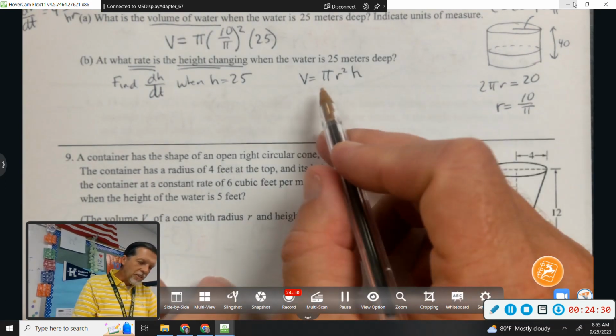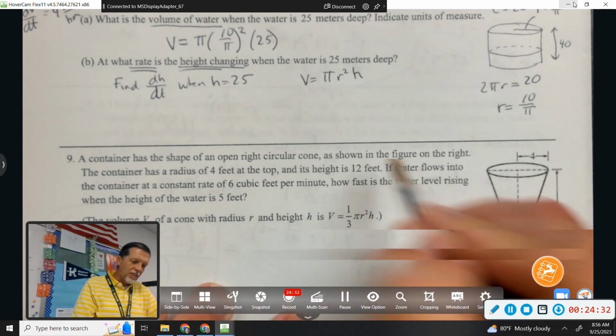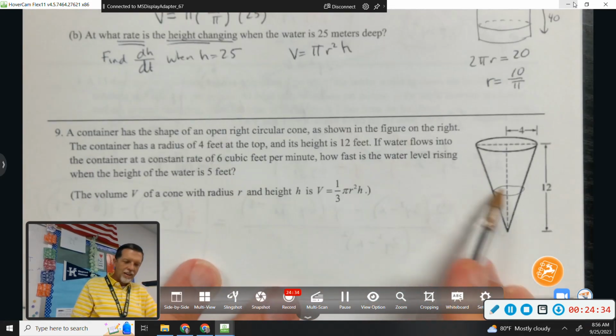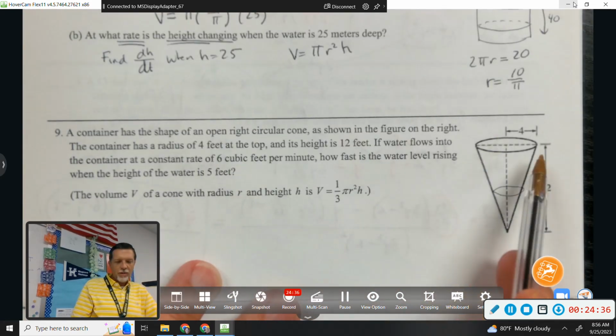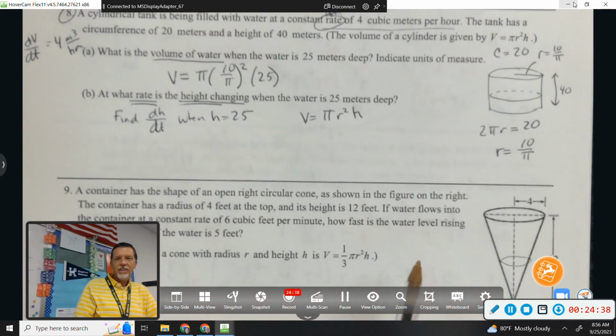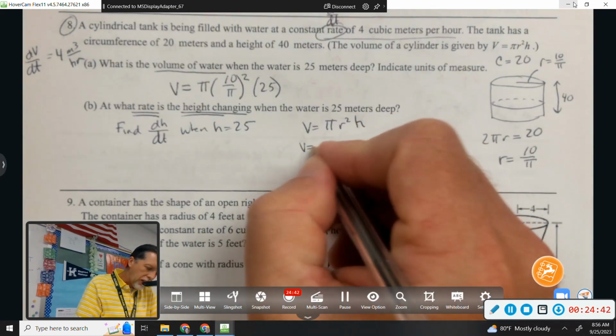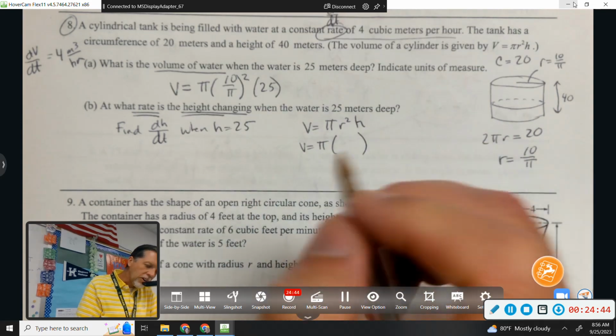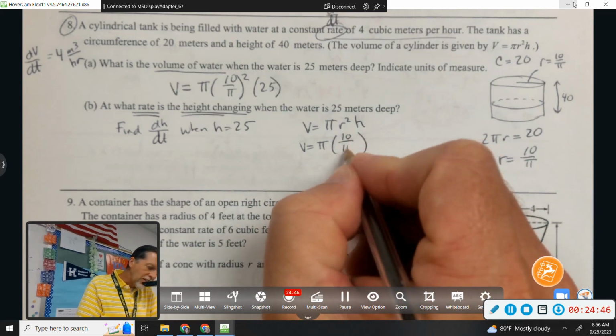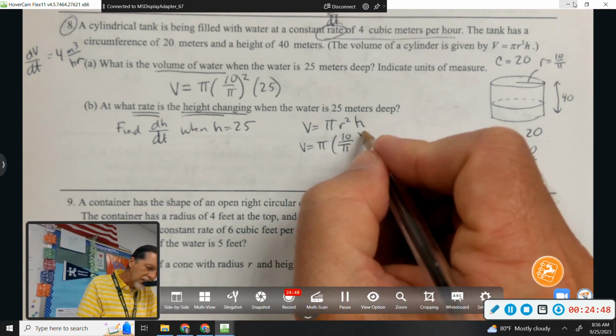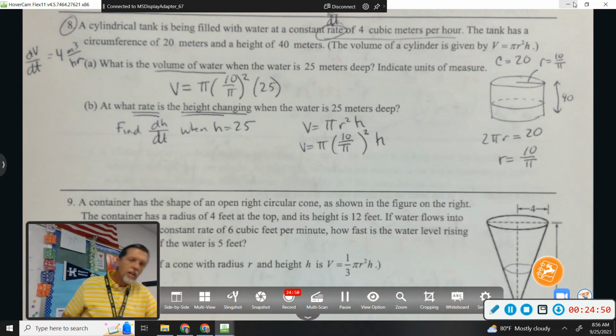There's not a relationship between r and h either. So like on number 9, h is 3 times r, so that would help, but I don't have that here, because r isn't changing. The best answer is r isn't changing, so it's not a variable, it's a constant. So I can just plug that in.